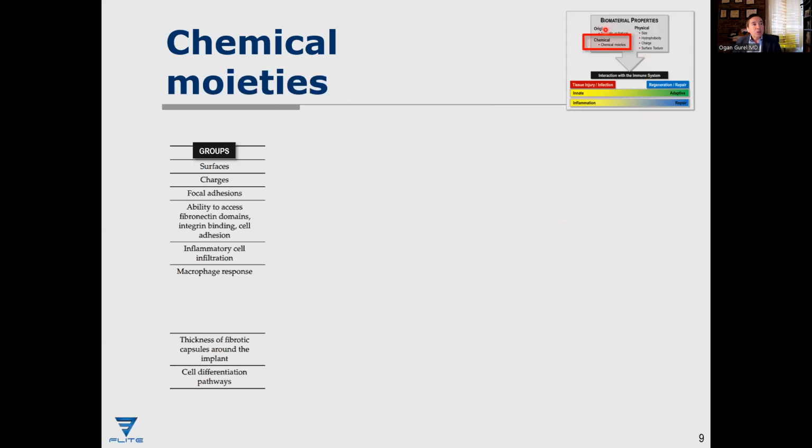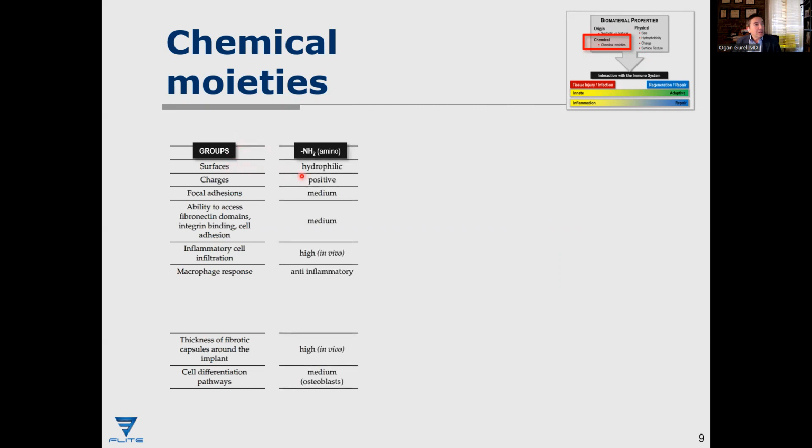The second thing we'll talk about are chemical moieties. And so we have different groups and their surfaces, their charges, focal adhesions, ability to assess fibronectin domains, inflammatory cell infiltration, macrophage response.